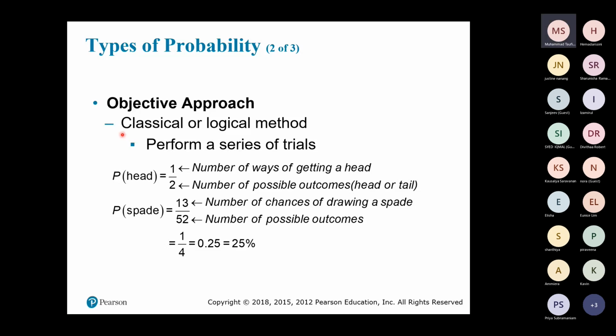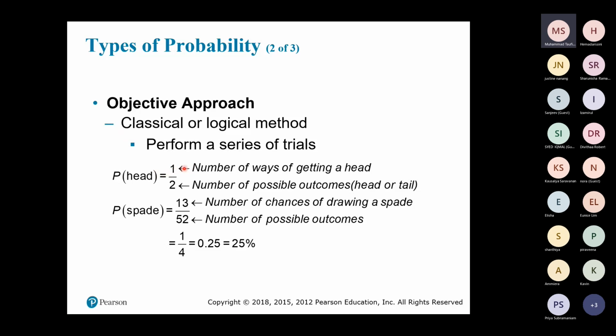So to calculate the probability of getting head, you put on the top the number of outcomes you want, which in this case is one, because you want only head.